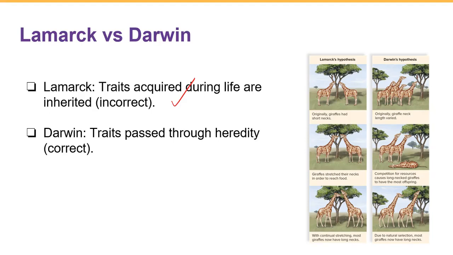Over many generations, natural selection caused most giraffes to have long necks, and these traits were passed on genetically to their offspring. So the key difference is Lamarck thought acquired traits were inherited, while Darwin showed that evolution happens through variation and natural selection.